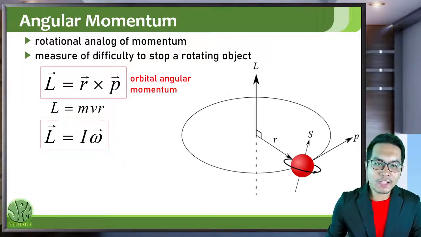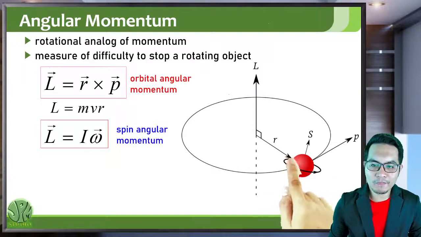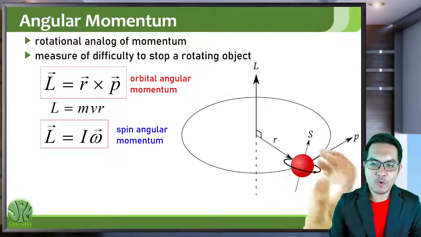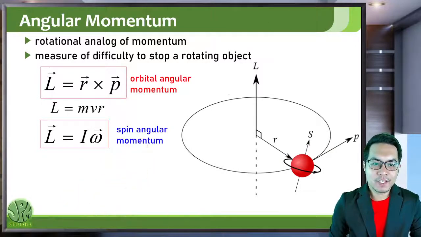Now, another type of angular momentum is what we call spin angular momentum, and it's related to the spin of the particle. If the particle is spinning with an angular velocity of omega and it has a moment of inertia I, then its angular momentum is I times omega.